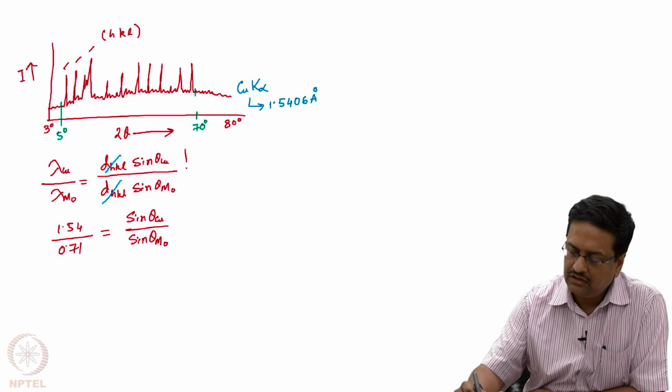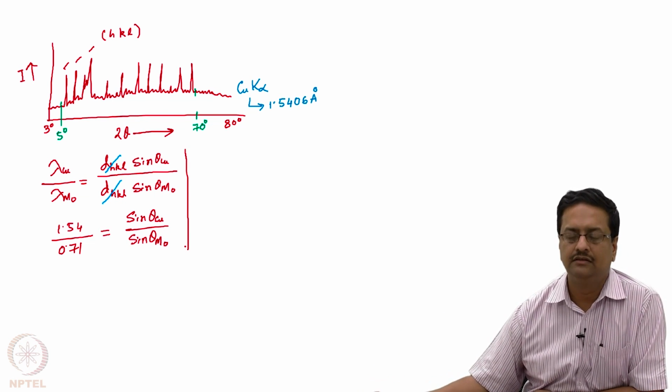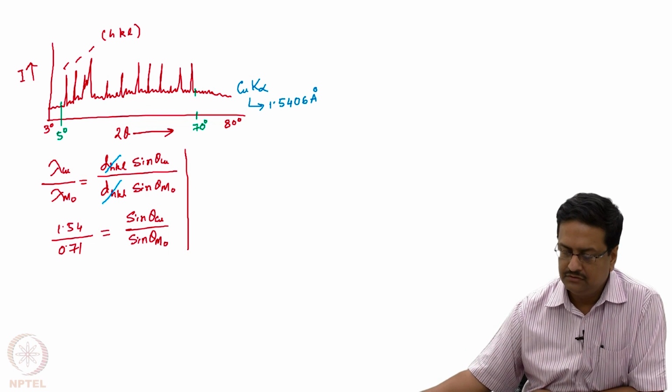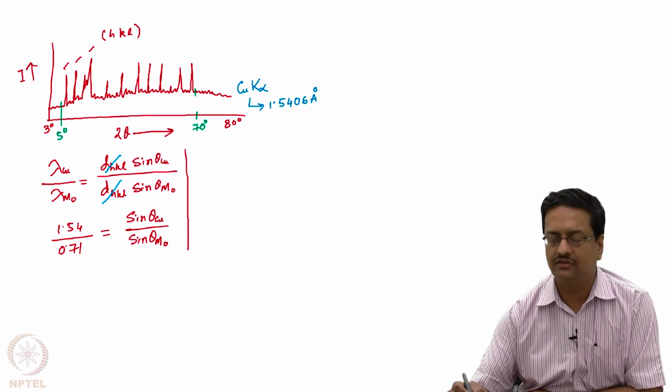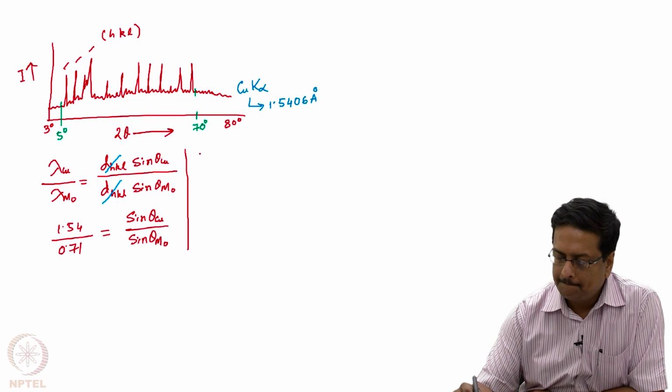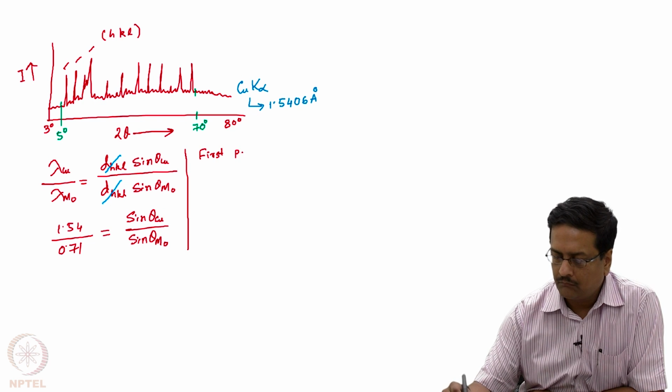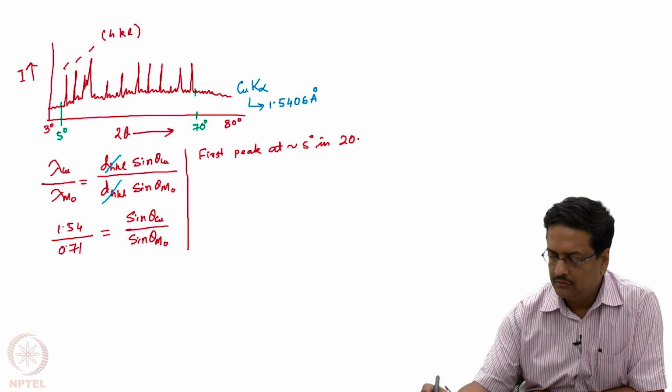Now in this particular data, the first peak comes around 5 degrees in 2 theta for copper.